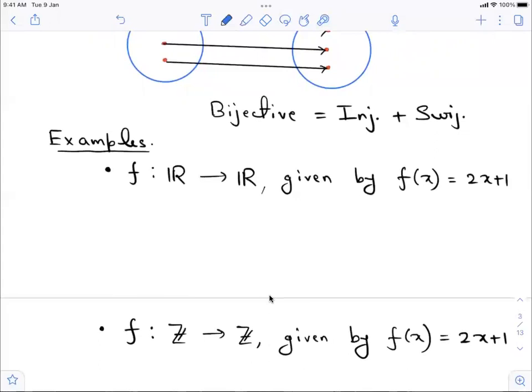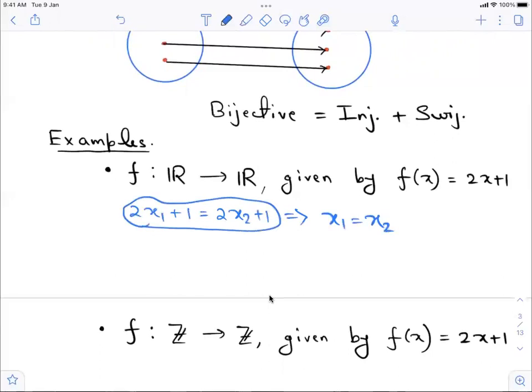It's pretty easy to check, because for injective, all you do is show that if 2x1 plus 1 is equal to 2x2 plus 1, then this should certainly imply that x1 equals x2. And this is easy to check, because after solving this condition, you straight away get that x1 equals x2. So this function is injective.